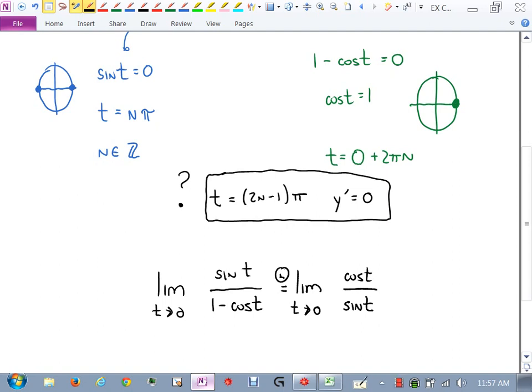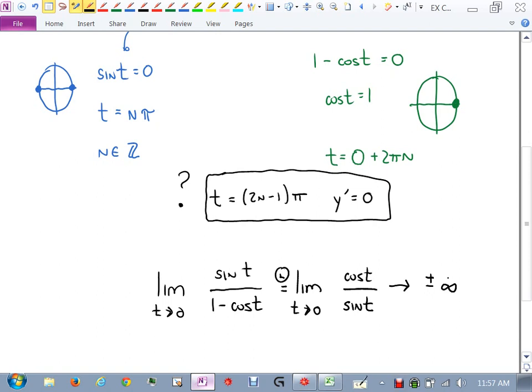And now what do you have? 1 over 0. What happens if you get 1 over 0? Fixed number over 0. It becomes infinite. So this is going to be approaching infinity. Actually, it could be positive or negative because it depends on which side of 0 you come in from. So that nails down what's happening at all the even pi's.